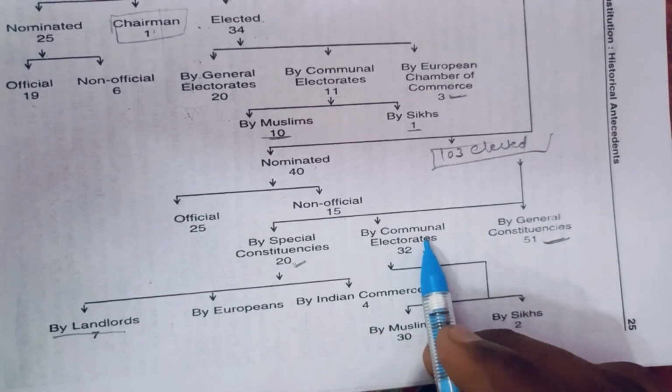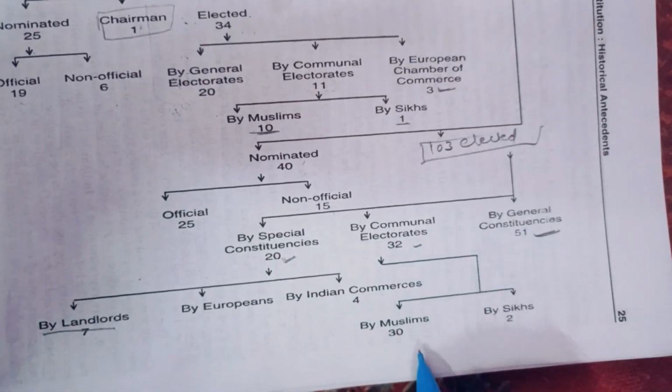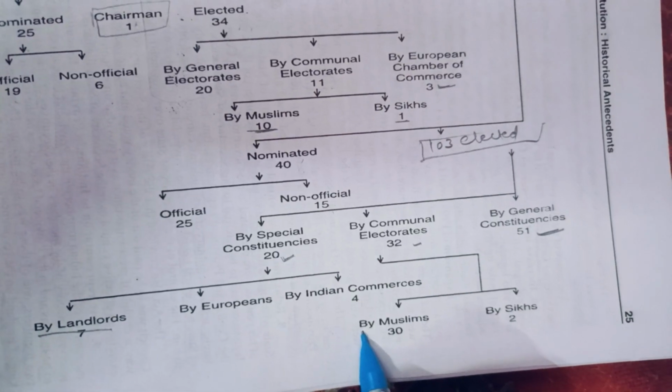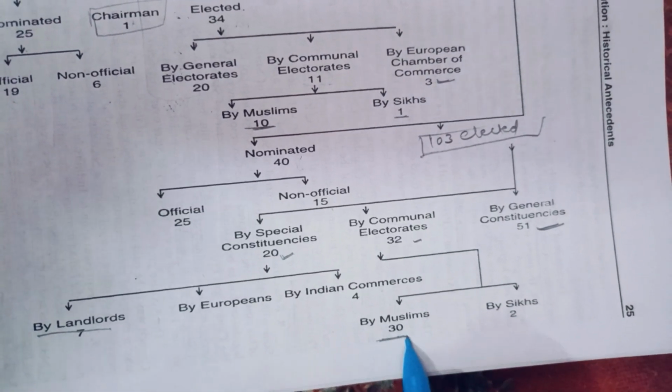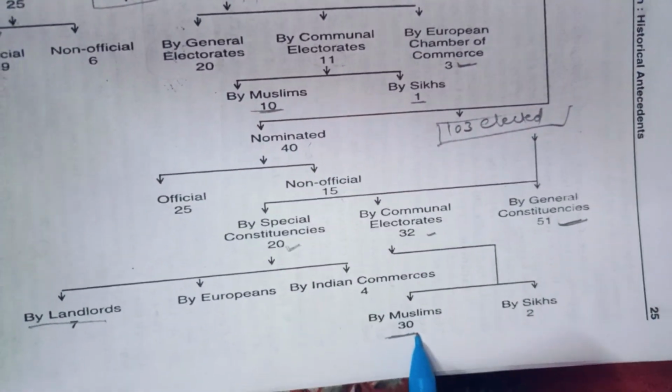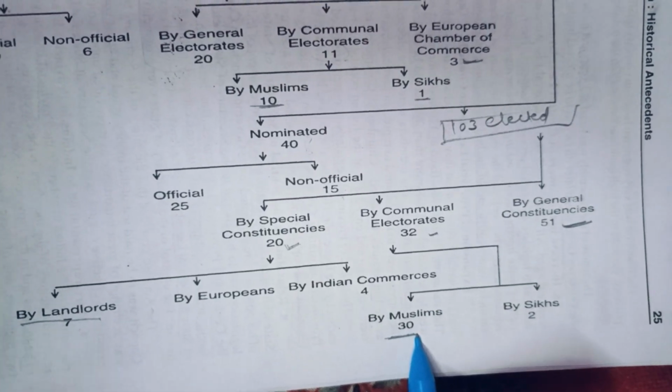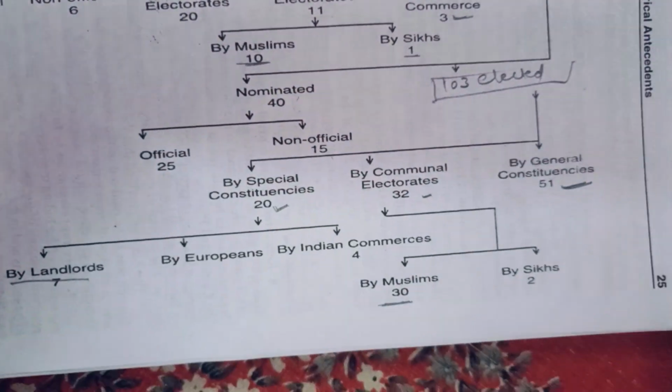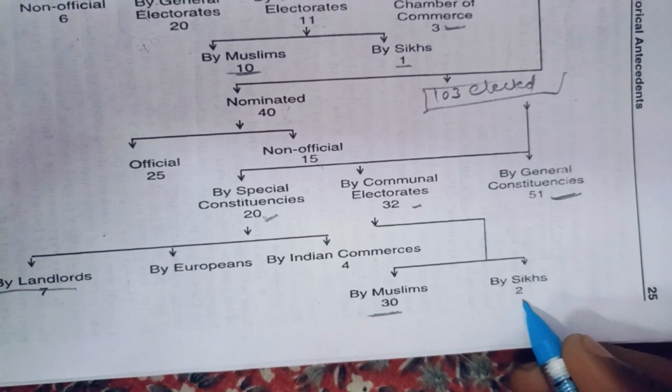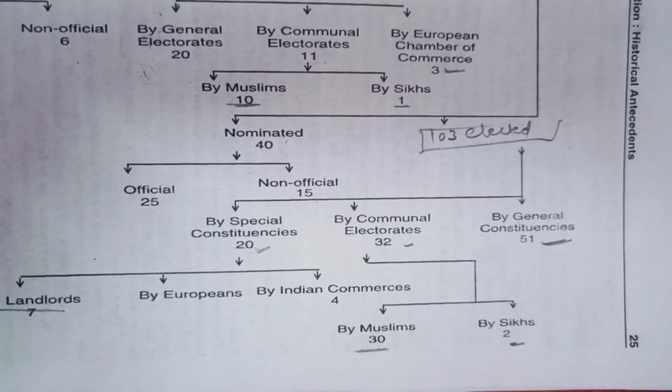And we have seen that communal electorate means community-based election: 30 members in the legislative assembly or lower house were to be elected by the Muslims, and 2 were to be elected by the Sikhs.